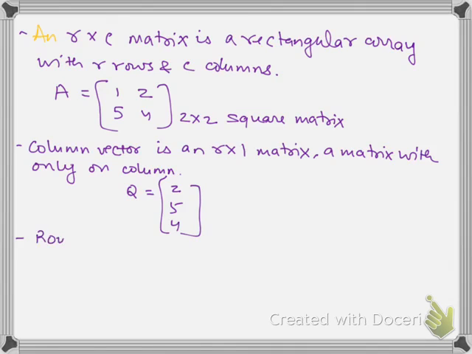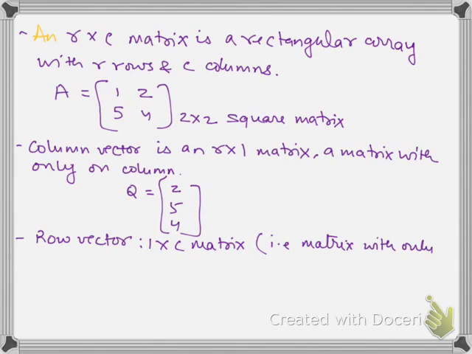Similarly, a row vector is a 1 cross C matrix, a matrix with only one row. So let's call it R: 2 6 2 9, let's say.